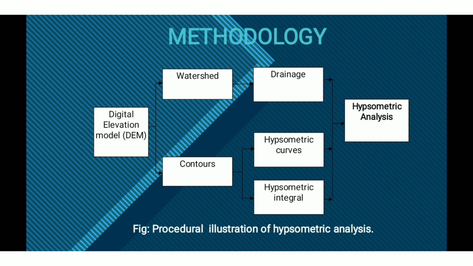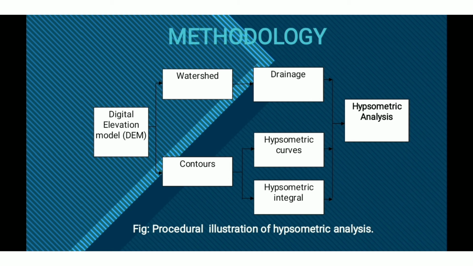Once the boundary of the watershed is delineated, it will then be clipped with the DEM. The DEM will be reclassified into a number of classes in ArcGIS software using a spatial analyst tool to extract minimum and maximum elevation values as well as areal extent corresponding to every class of the reclassified map.